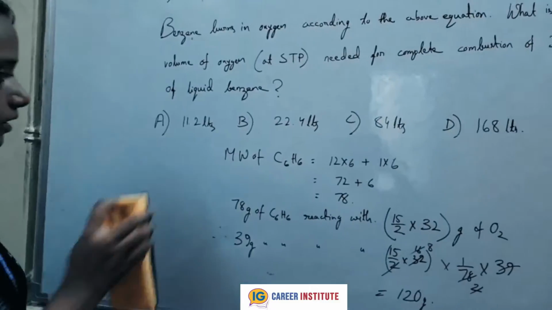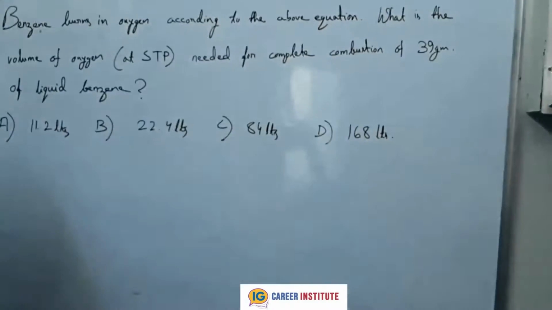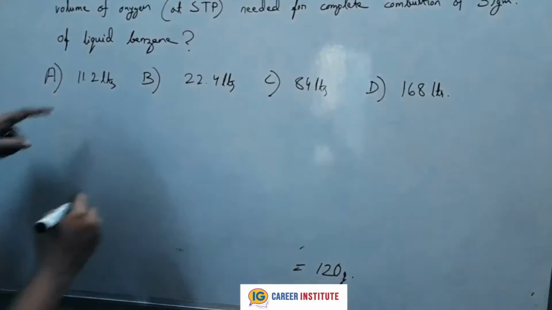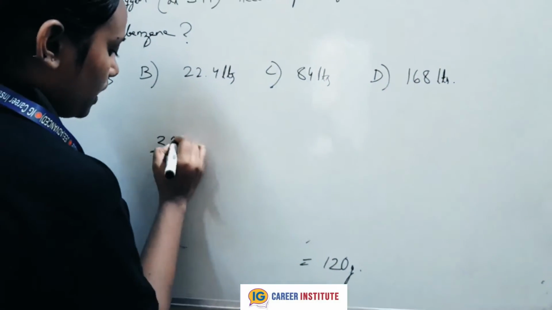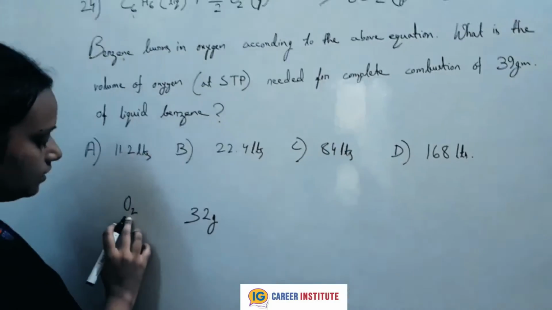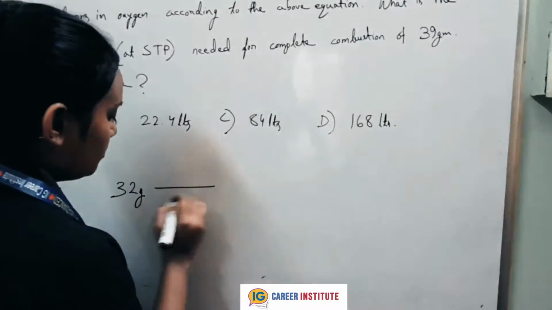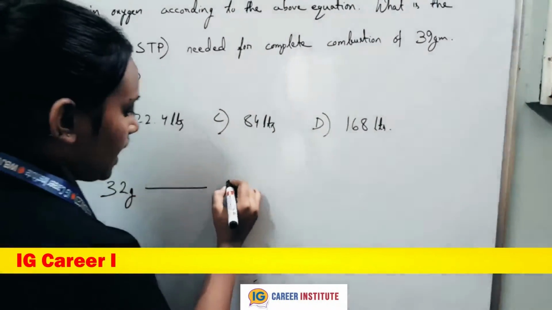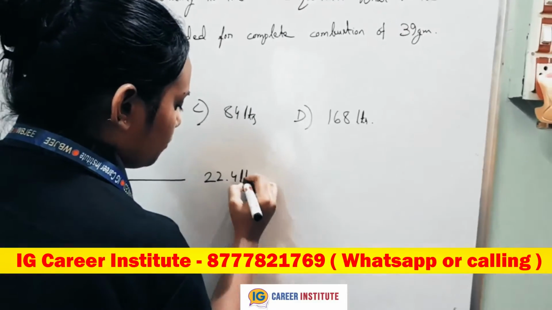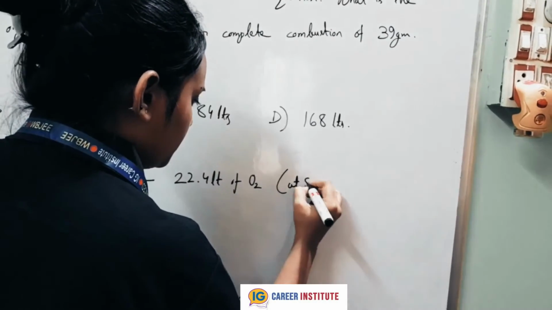So let me wrap this upper portion. 32 gram is the molar weight of oxygen O2. So 32 gram of oxygen basically has 22.4 liter of volume at STP, right, at STP.